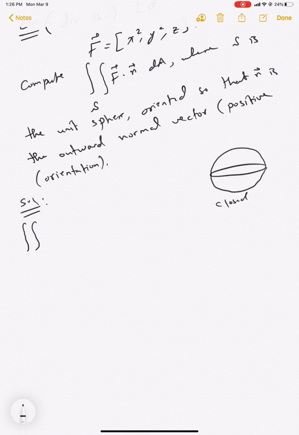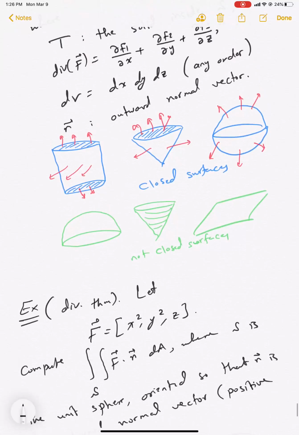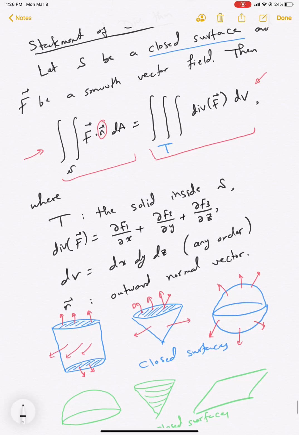And we're asked to find the surface integral. Now the divergence theorem says, if you're computing a surface integral, instead of doing the surface integral, convert it to a triple integral.